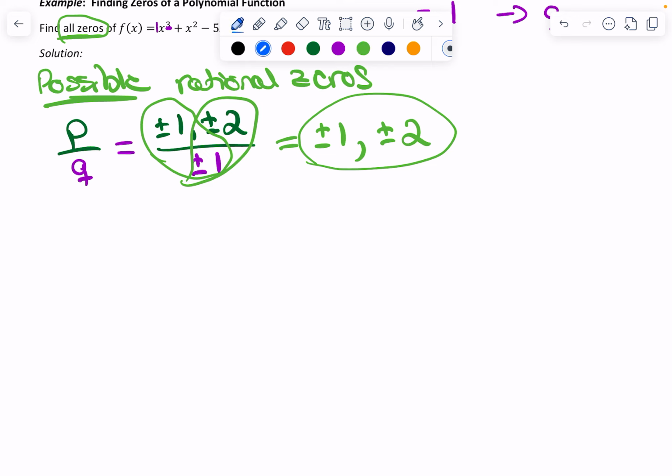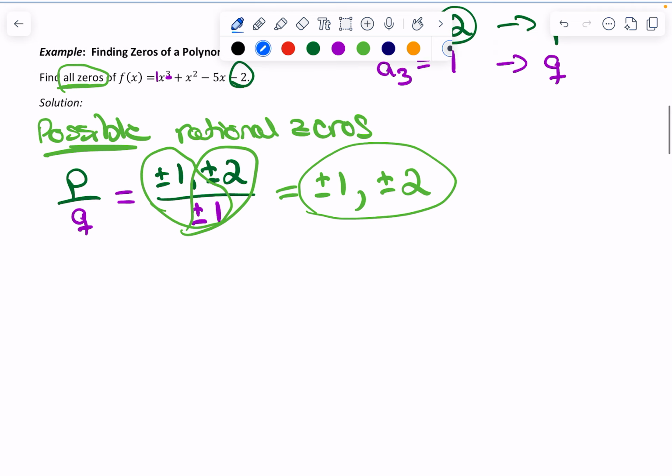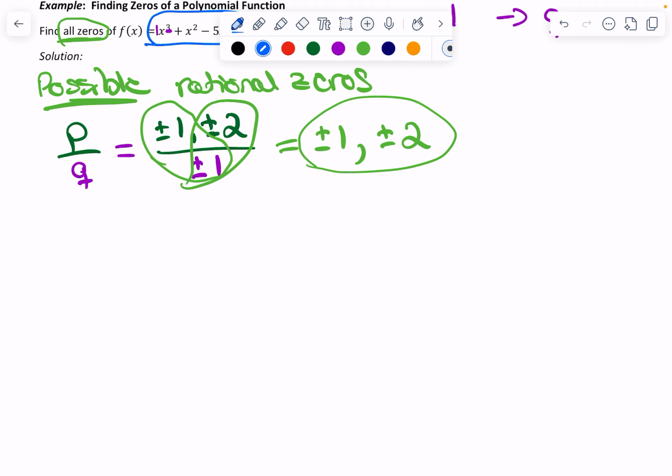Now, we learned in the previous lesson that if we divide our polynomial by the rational zero, we know that it's going to be a zero if the remainder is a 0. So we're going to do the synthetic division here.